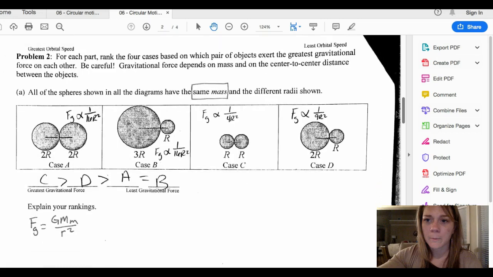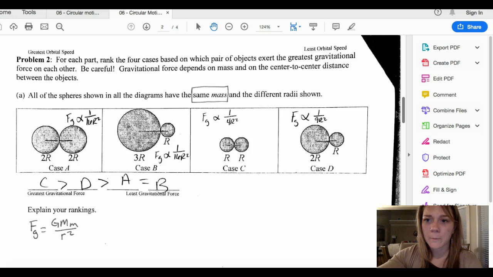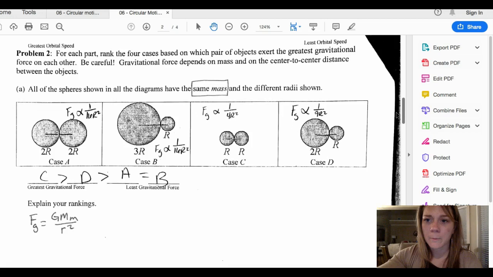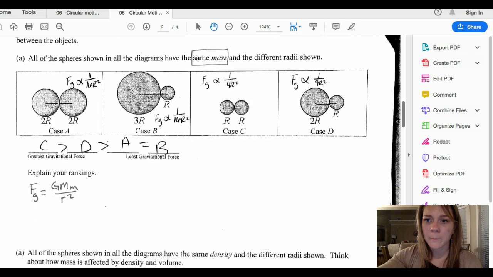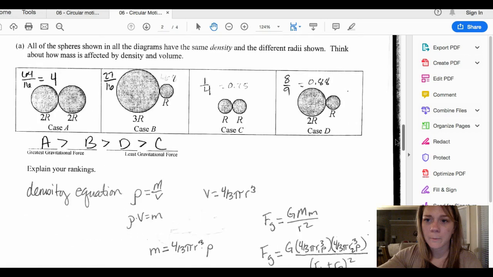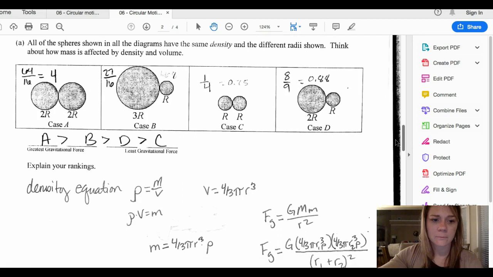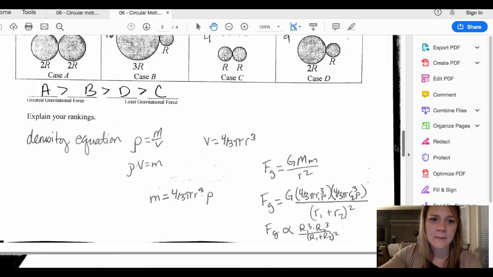Okay, so it says, for each part, rank the 4 cases based on which pair of objects exert the greatest gravitational force on each other. Gravitational force depends on mass and on the center-to-center distance between the objects. Here, all the spheres shown in all the diagrams have the same density and the different radii shown. Think about how mass is affected by density and volume.